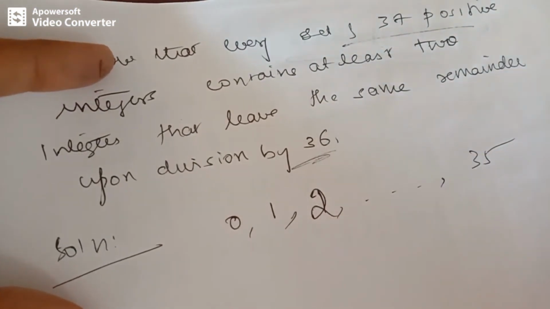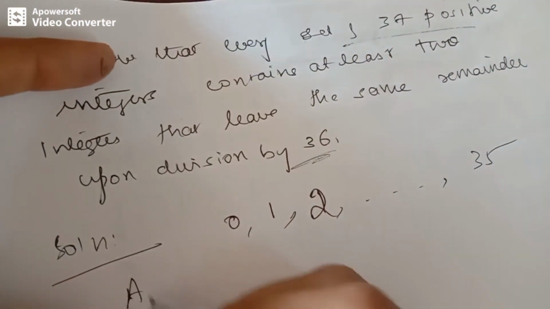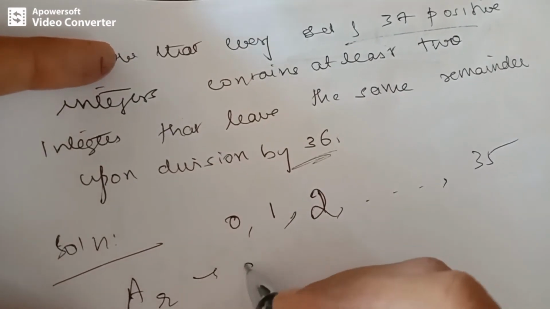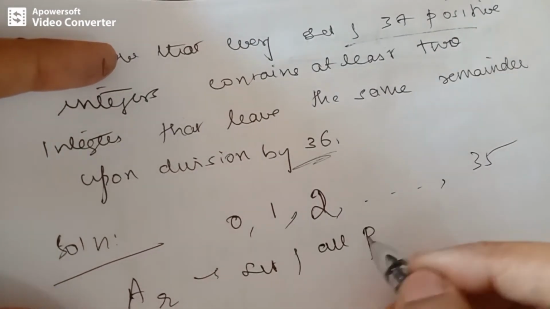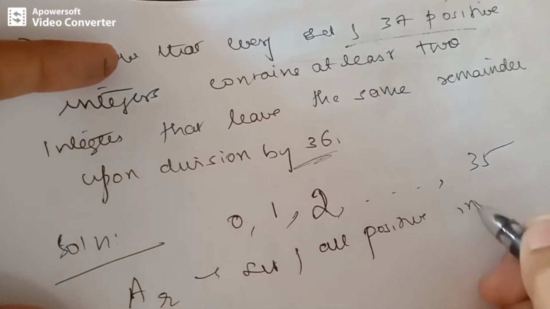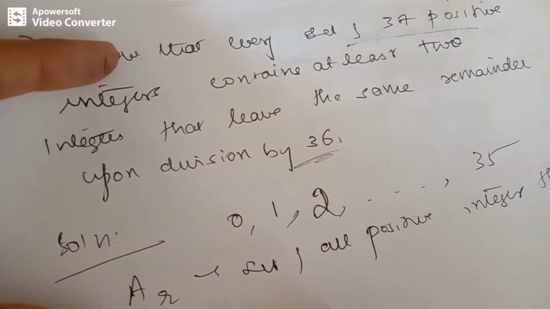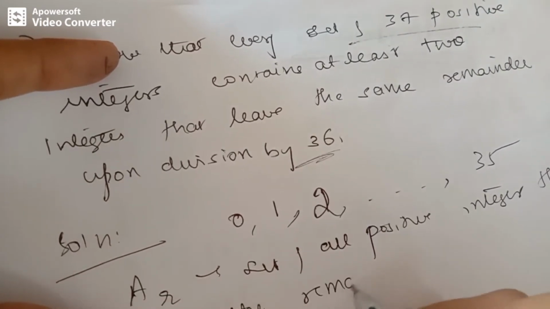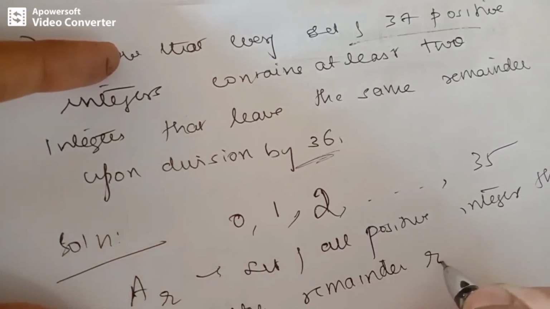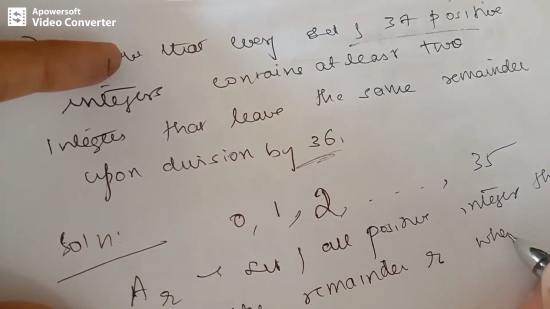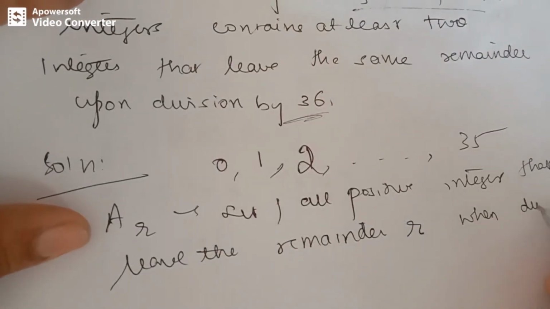So let us denote A_R as the set of all positive integers that leave the remainder R when divided by 36.